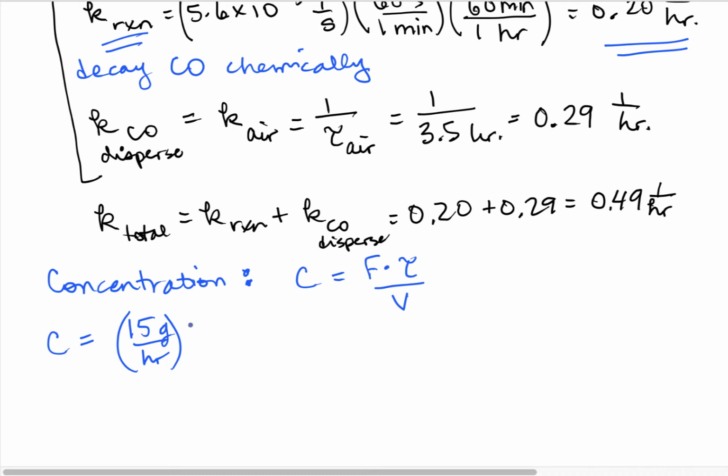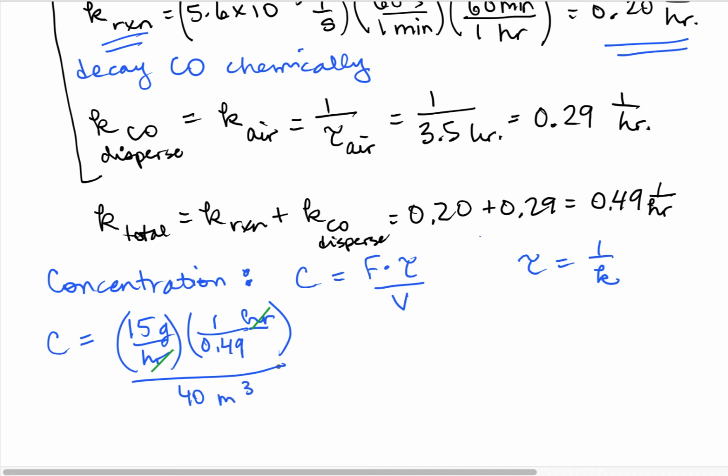And the residence time is 1 over K, so we'll say 1 over 0.49. The hour is on the top, so those hours can cancel out. And then the volume was 40 cubic meters. So this is a matter of just some calculations here. If you run these numbers through your calculator, I got 0.75 gram per cubic meter.